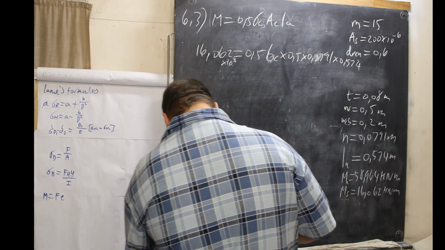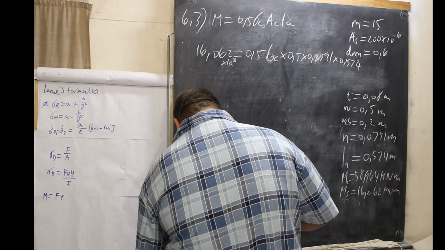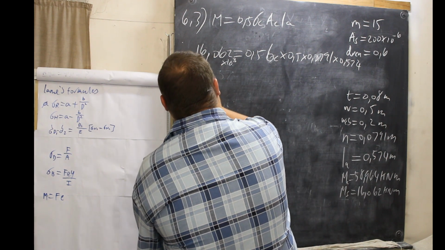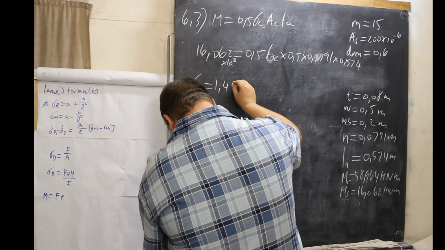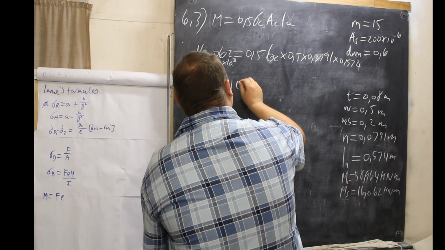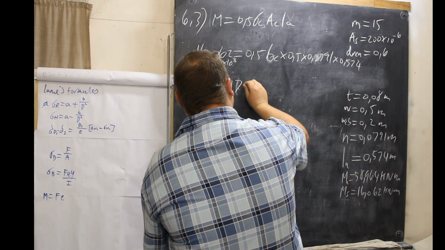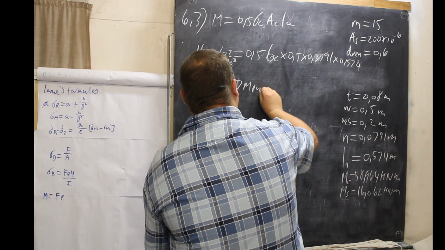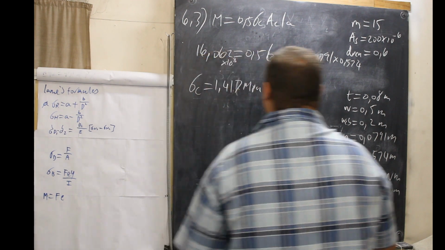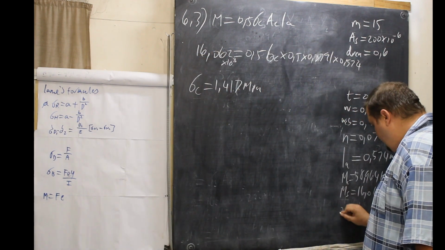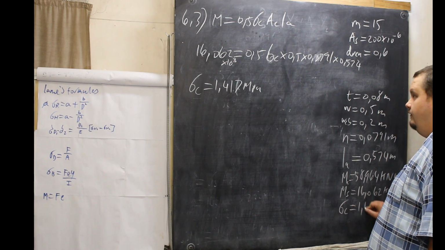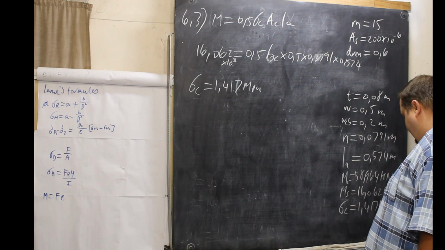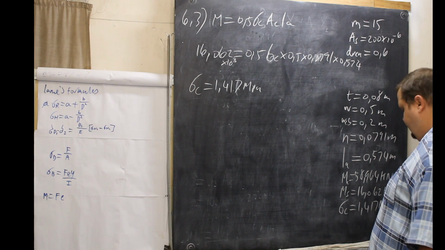So our stress for our concrete is 1,417 megapascals. The stress in the concrete is 1,417 megapascals.